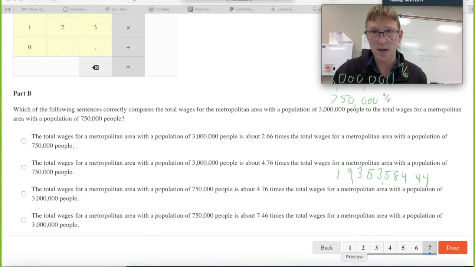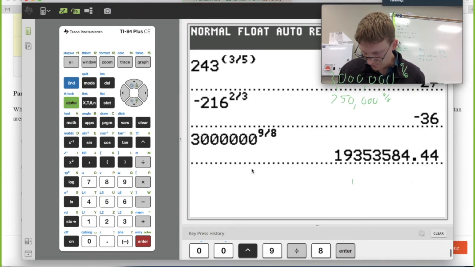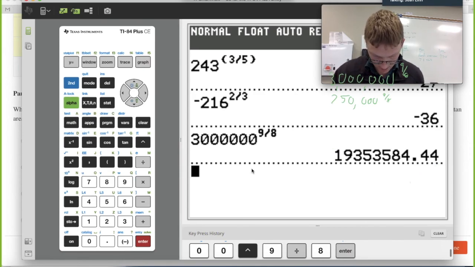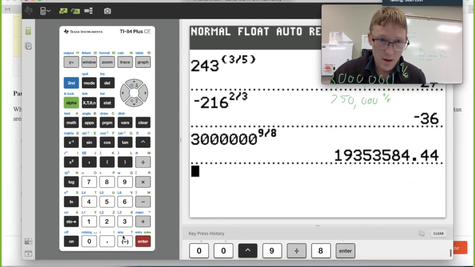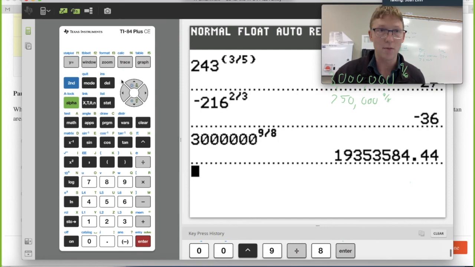So again, we're going to come back to our calculator. Okay, so we can either retype this number, or we can use a little function called the answer or the entry button. So notice right here in blue it says ANS, that stands for the answer. So I'm going to do this entire equation in one line on the calculator. Remember, we're taking this number on top and our new number on bottom.